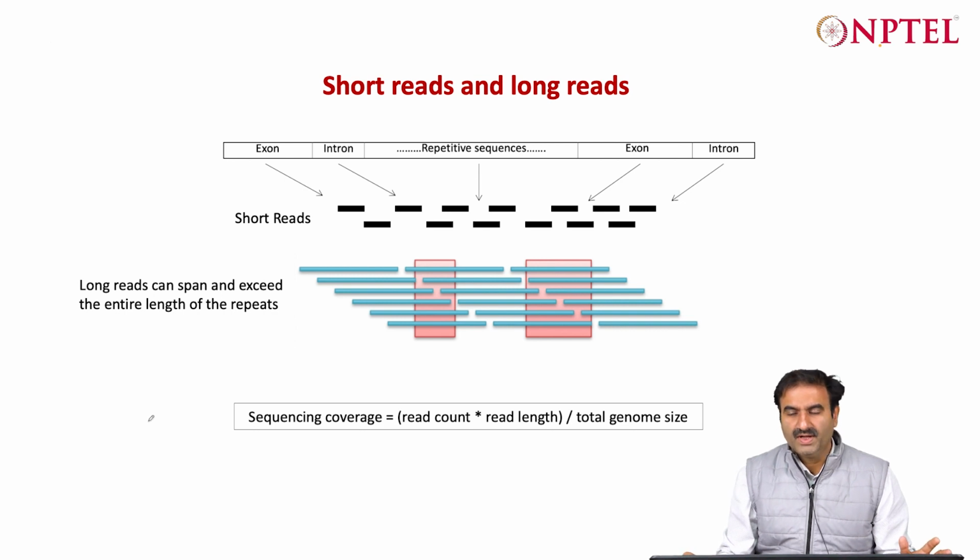So long reads and short reads together will be used for the hybrid assembly, and before going for the assembly you have to clean up these reads, which we will see in this lecture, and also get an idea of the heterozygosity and polyploidy by using the raw filtered reads.